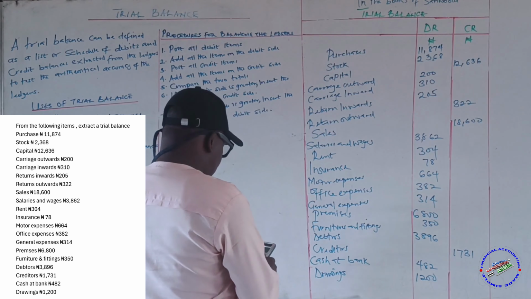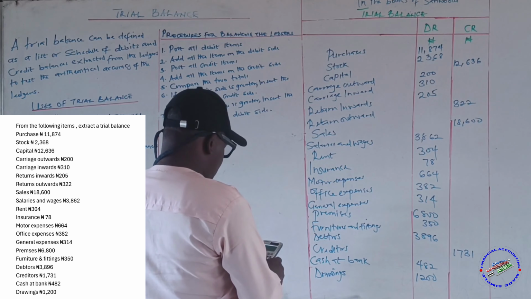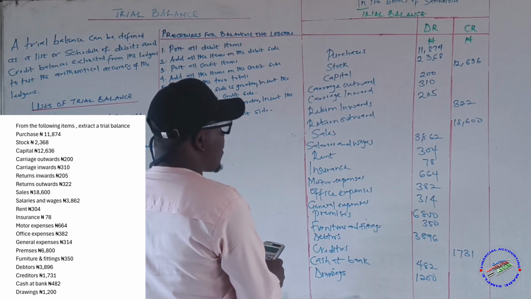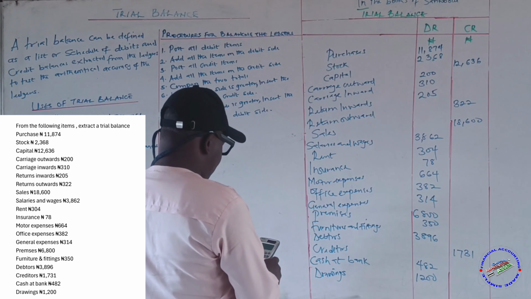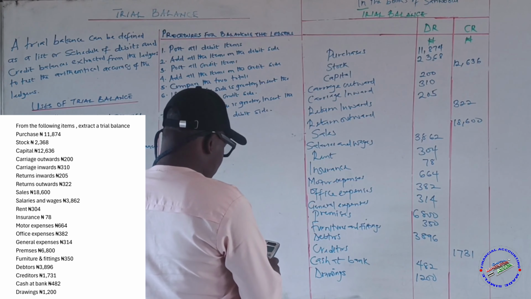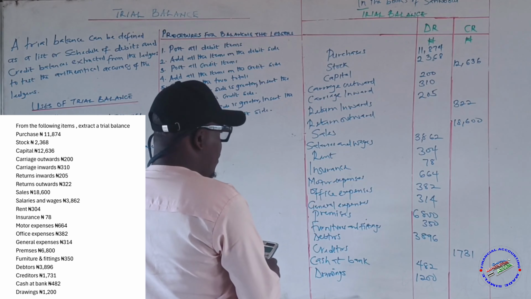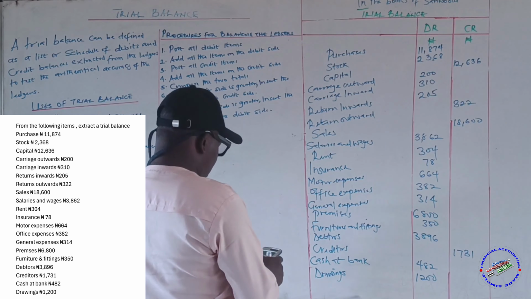We have 11,874 plus 2,368 plus 200 plus 310 plus 205 plus 3,862 plus 304 plus 78 plus 664 plus 382 plus 314 plus 6,800 plus 350 plus 3,896 plus 482 plus 1,200.